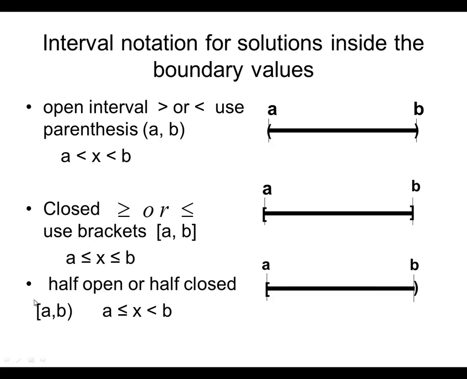And here's the interval notation for that: bracket for a, comma, b, parenthesis. So as you can see, there's a consistency here between the line graph and how it's written in interval notation.